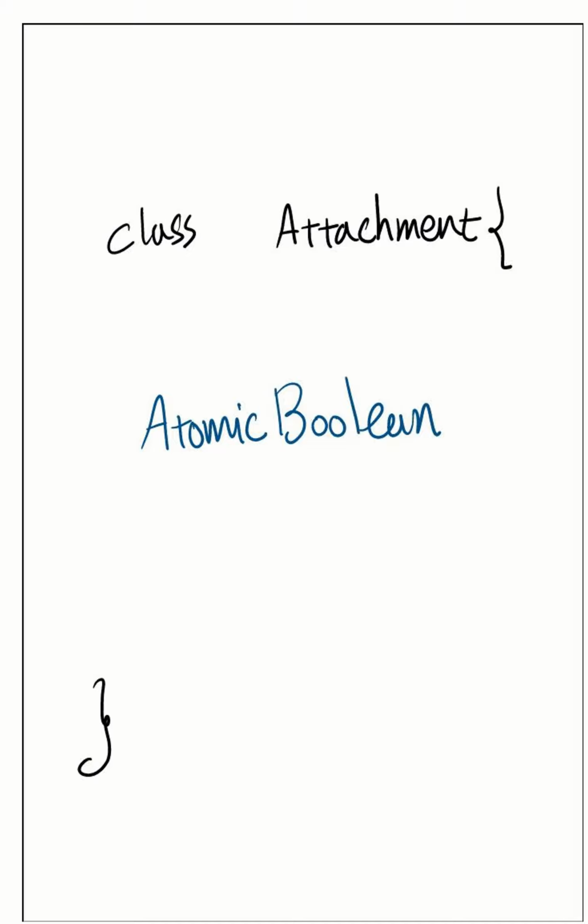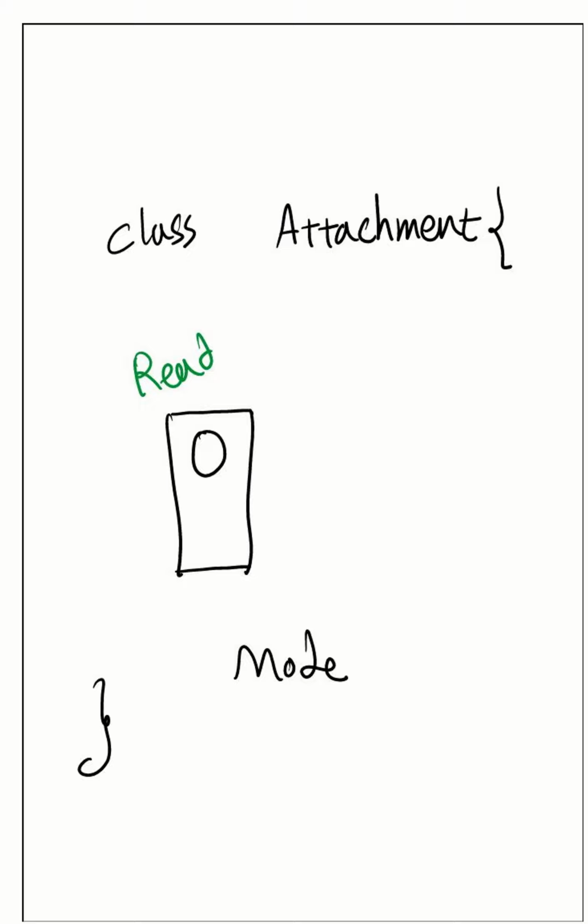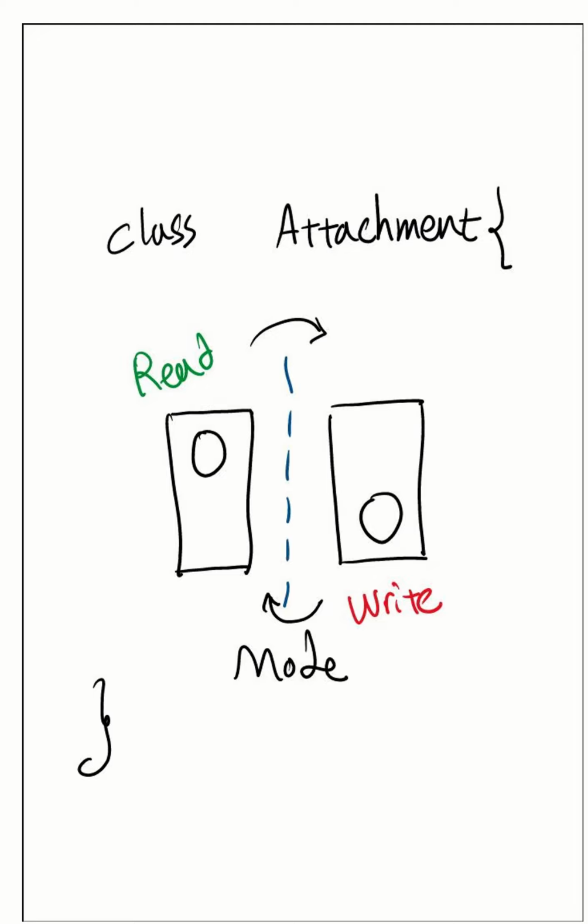We can consider an AtomicBoolean, for example, which can tell us from the application protocol perspective if the underlying channel is in read mode or write mode. I would say this is pretty cool.